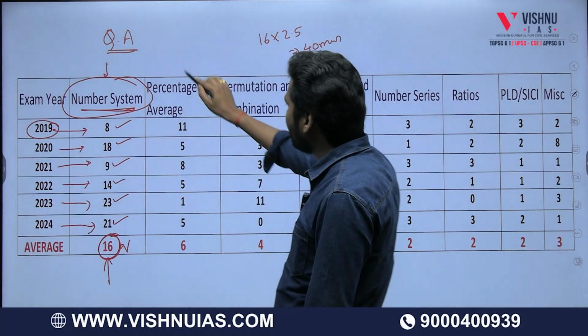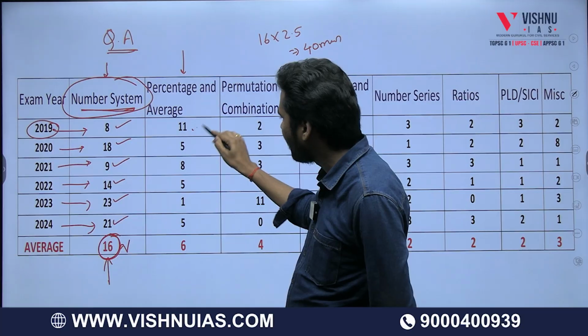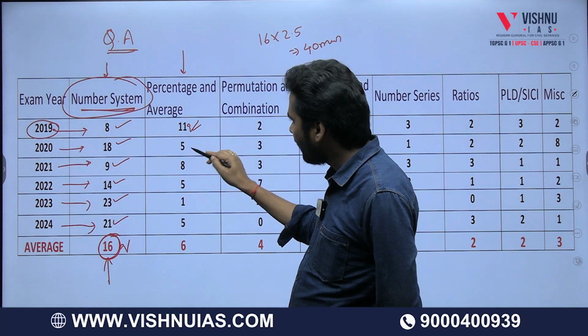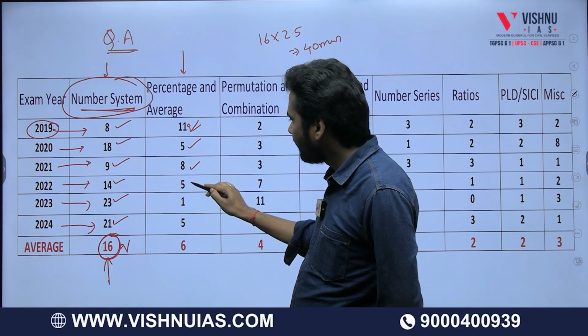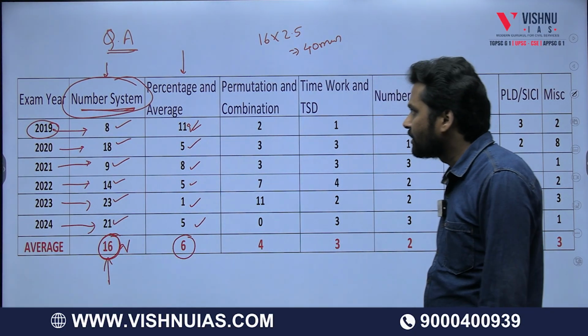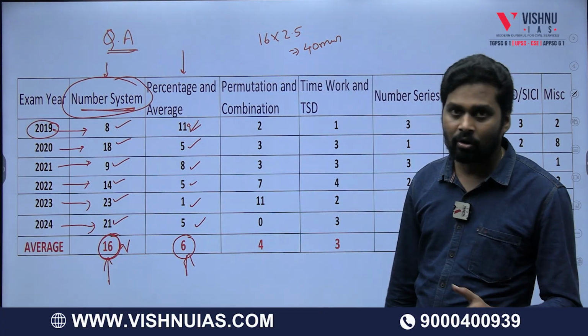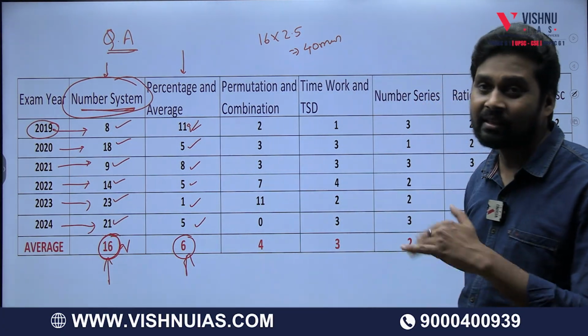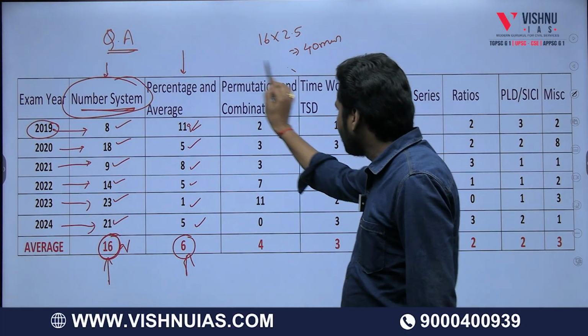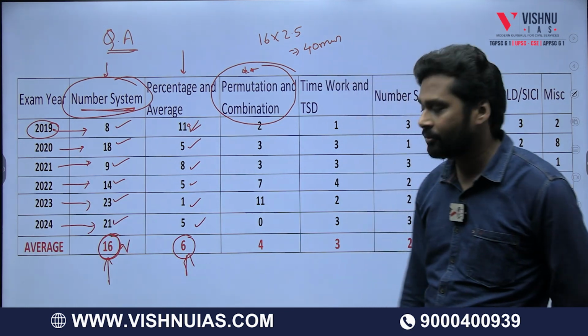Next, you can see percentages and averages. The weightage given is 11 in 2019 and 2025, 8, 5, 1, 5. So on an average, from percentages and averages we can get 6 questions. So the next important topic after number system is percentages and averages. And the next major topic is permutations and combinations.